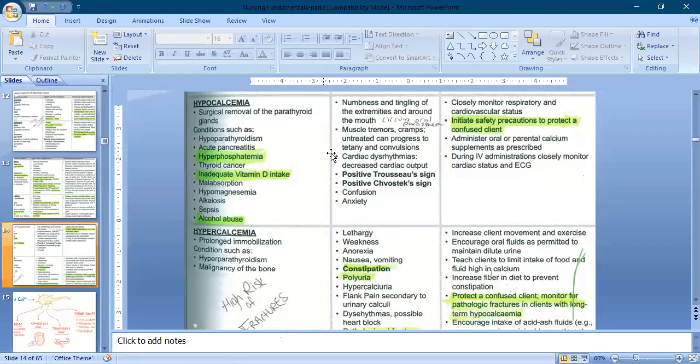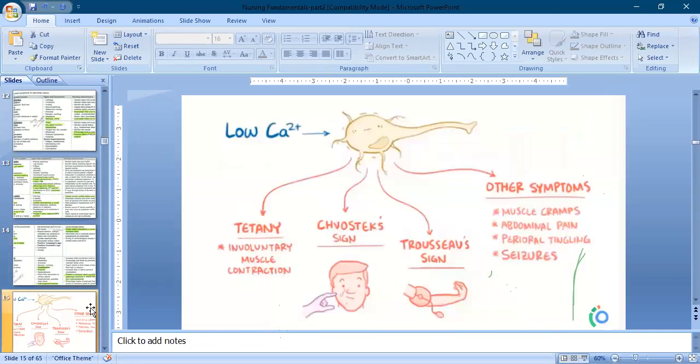Super important. If your patient has hypocalcemia, they have a chance of developing a positive Chvostek sign or Trousseau sign. So what is this? When a patient has hypocalcemia, they have a chance of developing tetany.